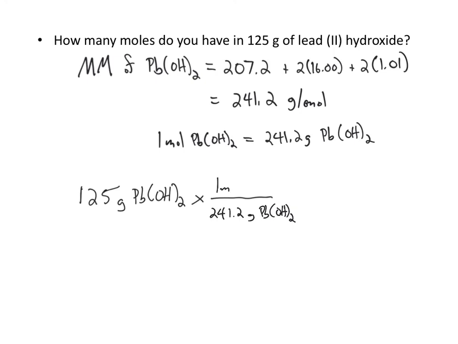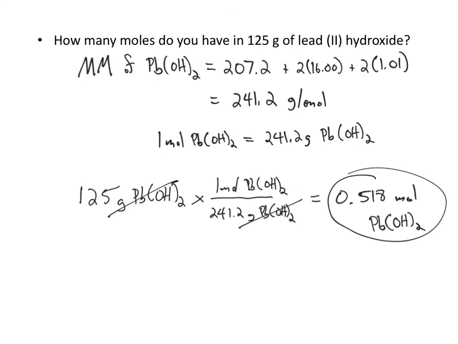And then the 1 mole of PbOH2 on top. And so when I do that math, I get 0.518 moles of lead 2 hydroxide.